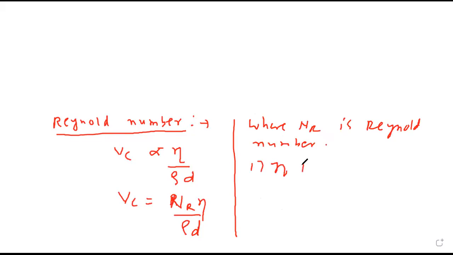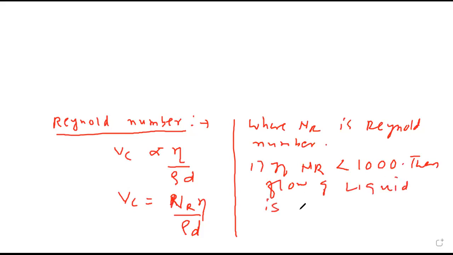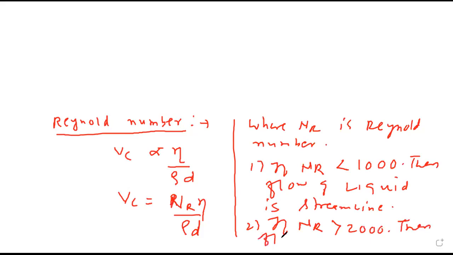If Reynolds number is less than 1000, then the flow of liquid is streamlined. This is found experimentally. If Reynolds number is greater than 2000, then the flow is turbulent.